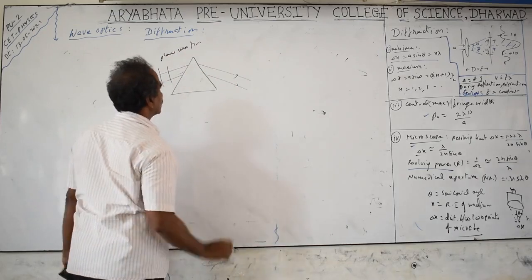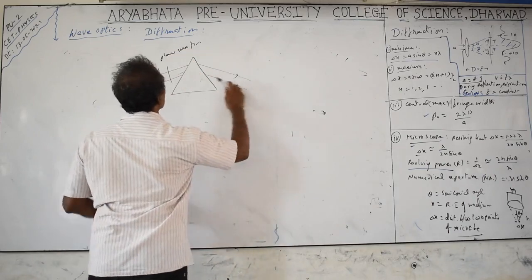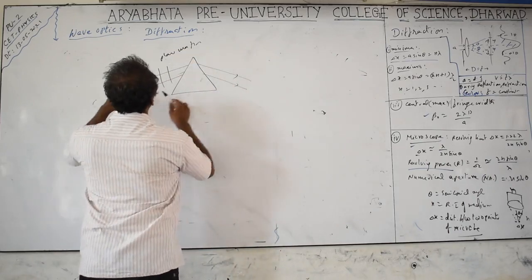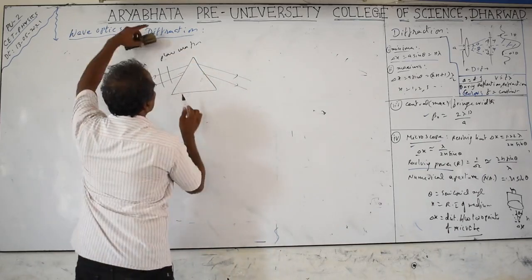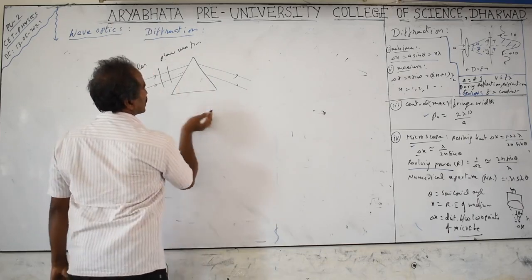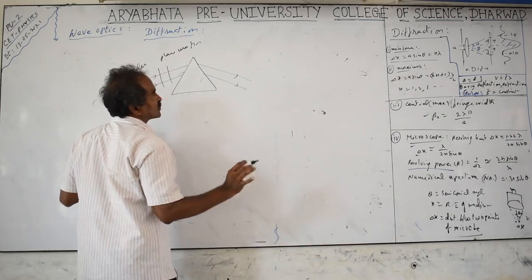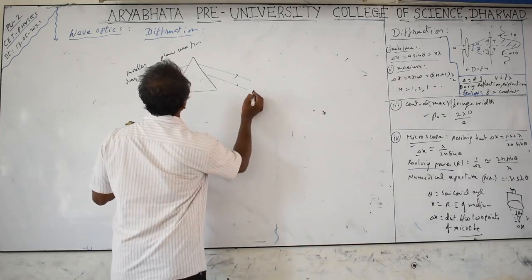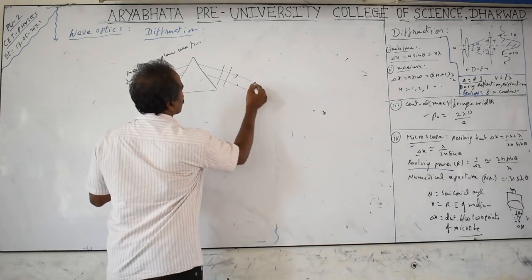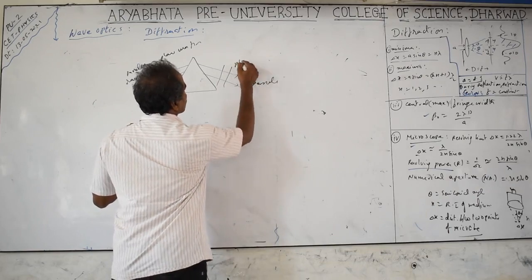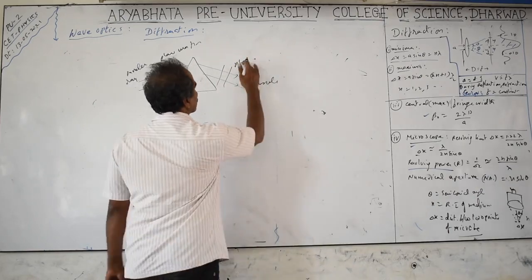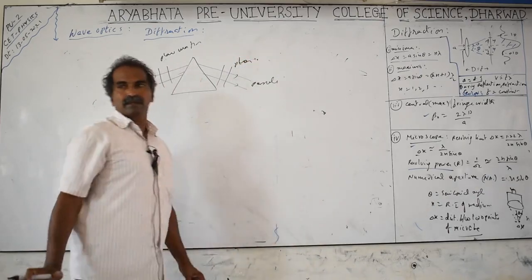Parallel remains parallel only. The image appears to be shifted. When you see from this side, they appear to be coming from here. That means the object appears to be lifted upwards, but there is no change in size. So parallel rays again means plane wave fronts; plane wave fronts remain plane wave fronts only.